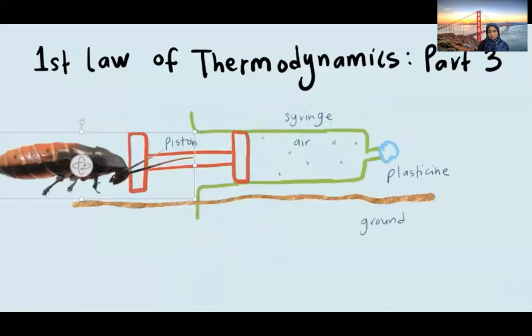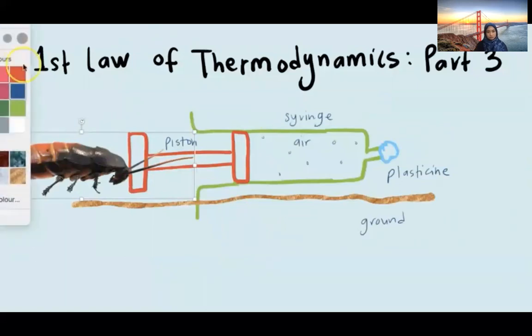Suddenly, Abu stumbles upon a syringe. I've drawn this syringe. This syringe has air inside. It is covered by plasticine, which means that the air is inside the syringe and it cannot escape. The syringe is on the ground. There is a piston, and Abu stumbles upon this piston.